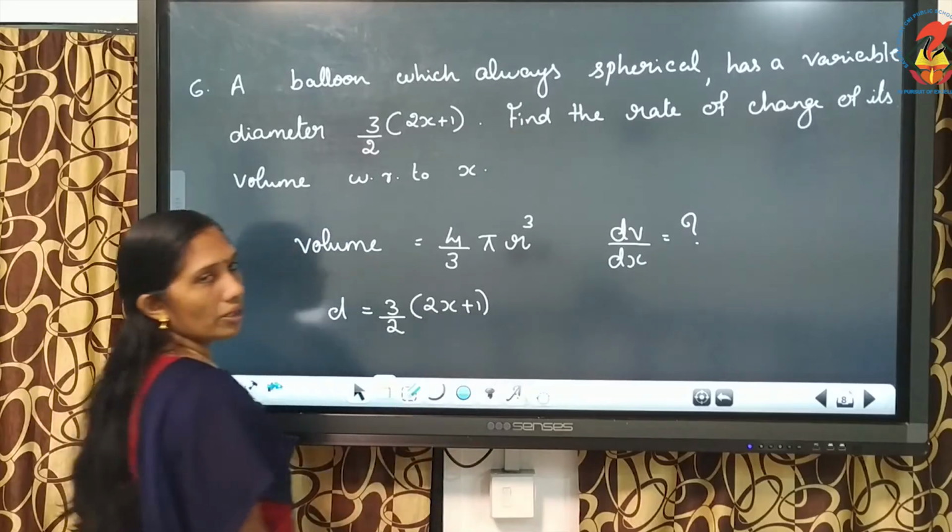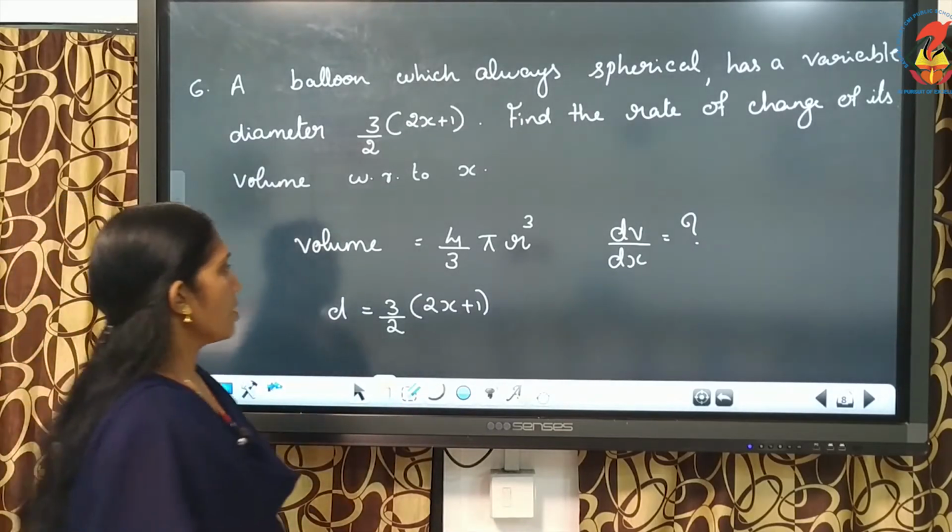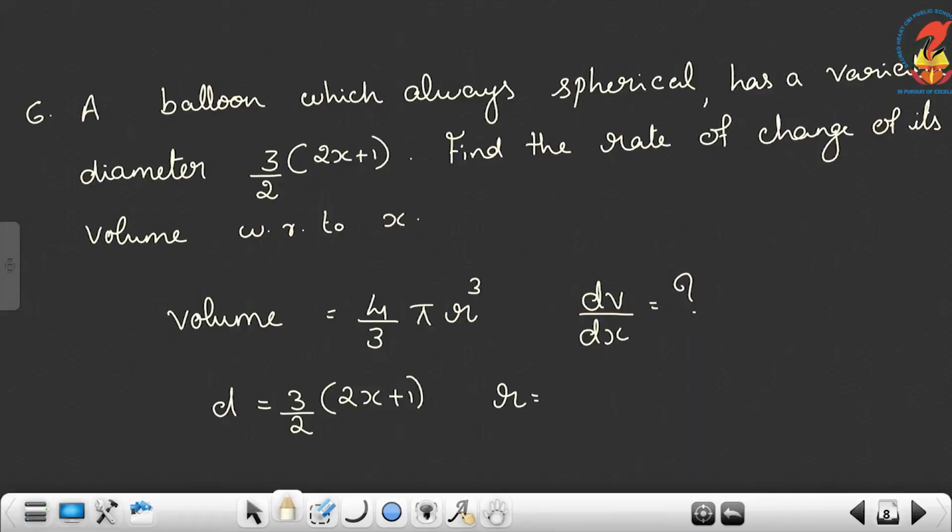So for volume we need radius. Radius means diameter by 2. So 3/2 (2x + 1) divided by 2, that we can write as 3/4 (2x + 1). Now substitute in this volume and differentiate.